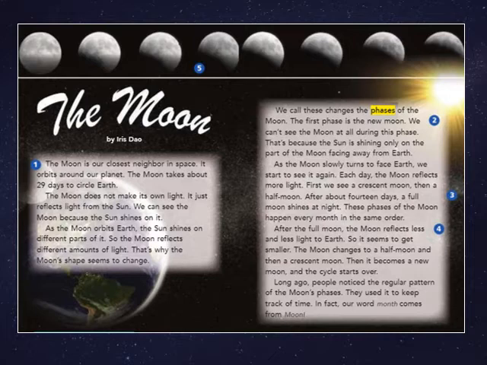Do you remember what the first phase of the moon is called? Check the paragraph next to the number 2 and see if you can find the name of the first phase. Did you say new moon? If you did, that's correct.